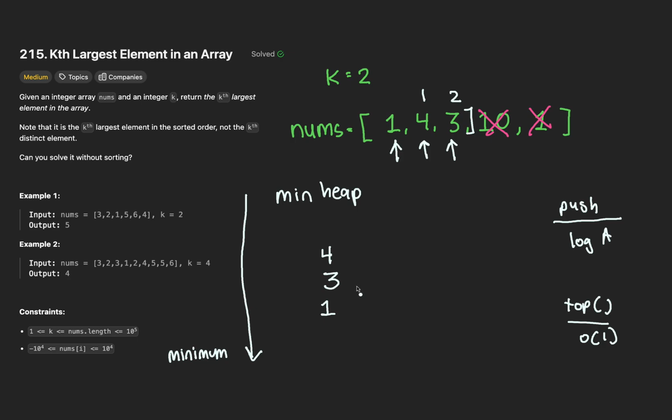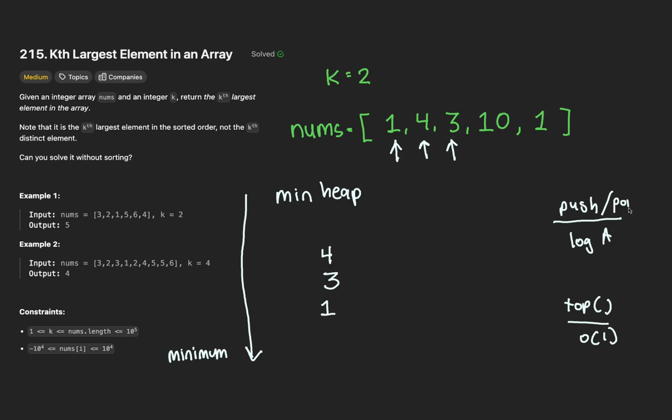On any given iteration, after pushing an element, if our minimum heap ever exceeds k elements, like it does right here, then we should pop the minimum number, allowing us to now call the top function to return the running kth largest element. Right here, that's 3, and if you want to verify in our shortened vector, that is indeed the answer. Okay, let's make a couple notes.